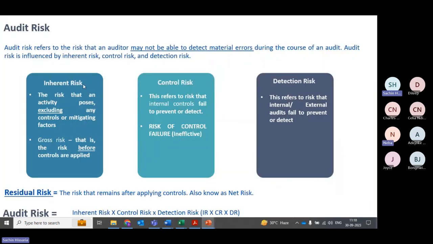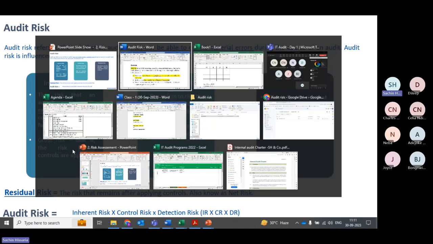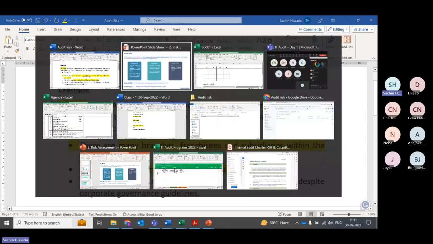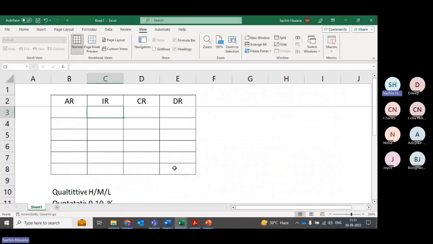I don't care about all this. While calculating inherent risk, I calculate it from the perspective of the nature of the activity and the nature of the business. Inherent risk is the gross risk that the auditor calculates before the controls are applied. So in this case, these two statements help me identify the inherent risk, and as you mentioned, I completely agree that inherent risk is high.